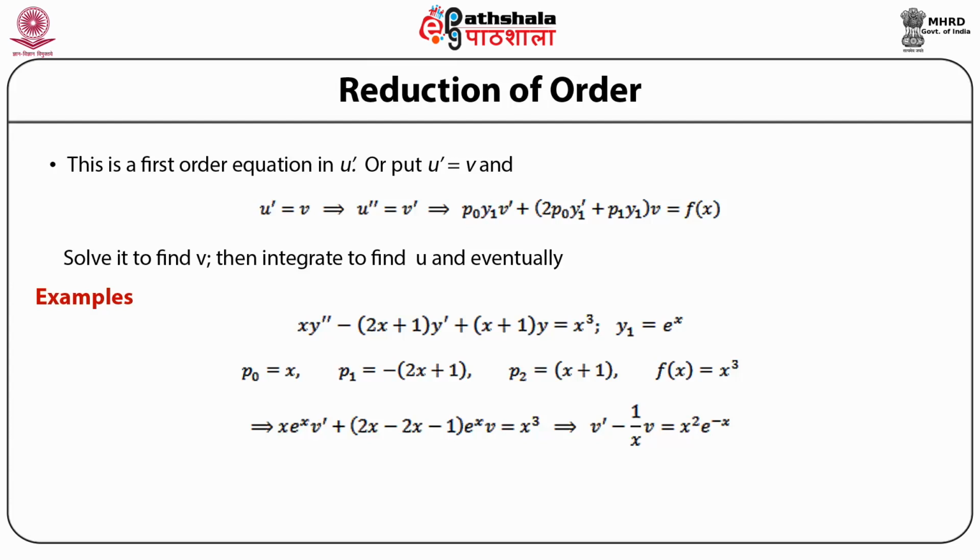So the equation becomes x times e raised to x v prime plus e raised to x times v multiplied by within the brackets 2x minus 1 is equal to x cubed. So v prime minus 1 by x times v will be equal to x squared times e raised to power minus x.